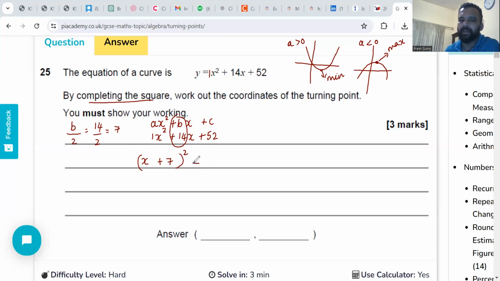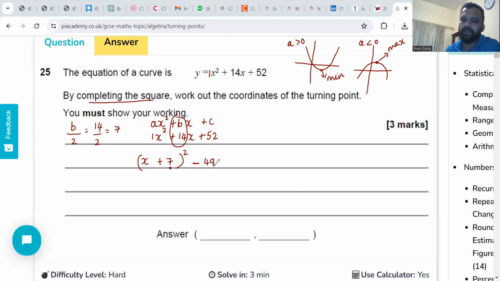Then you need to put a negative sign always. It will never be a positive sign. Whatever the number we have over here, you need to square it. I don't have to consider the sign, even if it is minus 7 or positive 7. You just take the magnitude, 7, and square it.